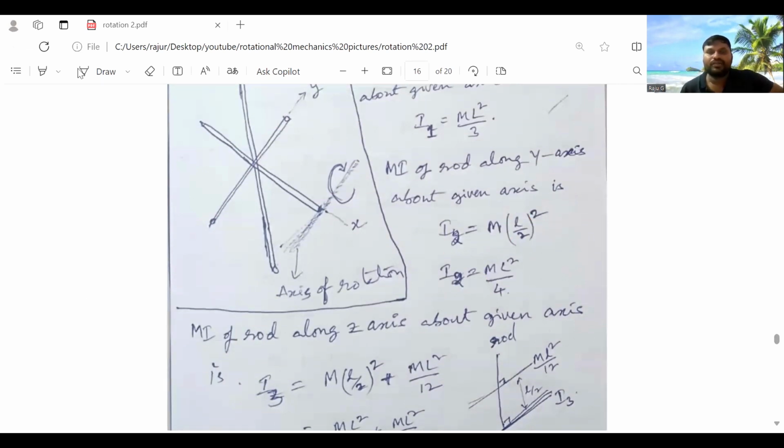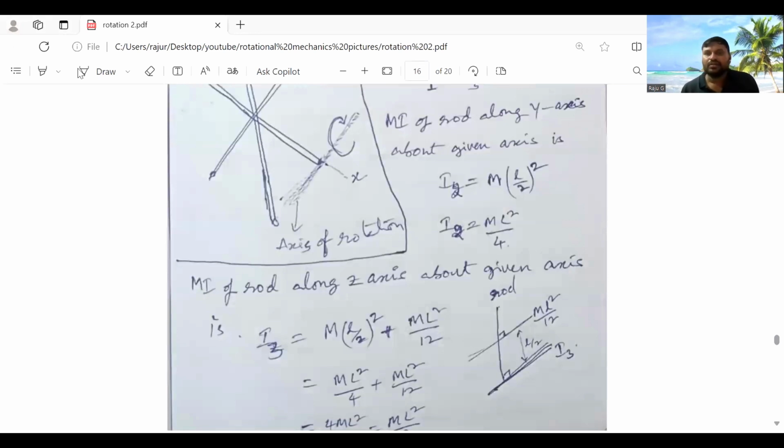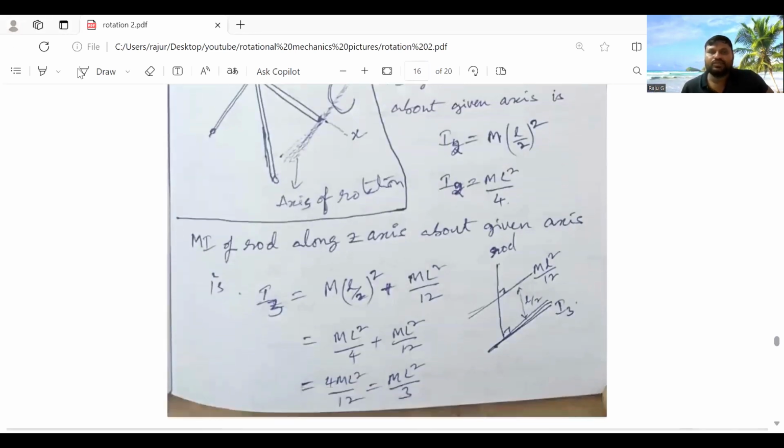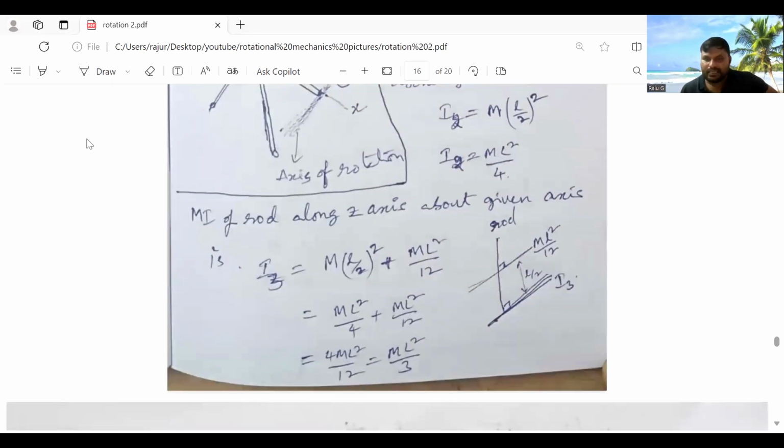Next, the moment of inertia of the rod along the z-axis about the given axis. We need to find I3. This is the rod, and this is I3. The moment of inertia of the rod about its own axis is ml square by 12, and this axis is parallel to the required axis.